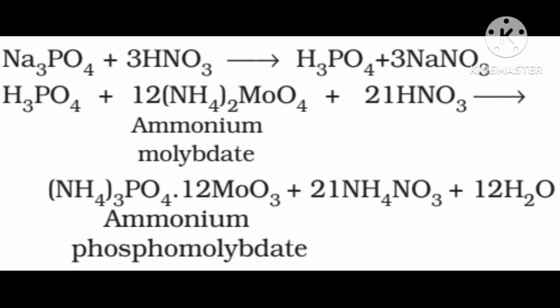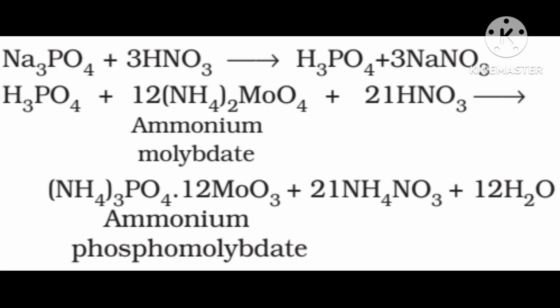Just like iron phosphate, like that way ammonium phosphate, (NH4)3. The 3 is because phosphate has 3 negative charge. NH4 has 1 plus, so PO4 needs no subscript. Then (NH4)3PO4 dot 12 MoO3, meaning 12 molybdate is attached.